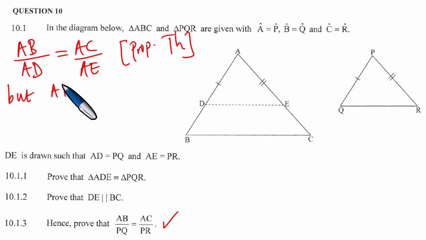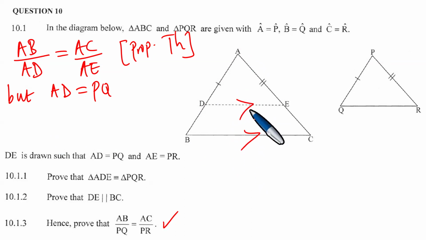But AD is equal to PQ. By the proportionality theorem, we know very well that AB over AD is equal to AC over AE, because these two lines are parallel.